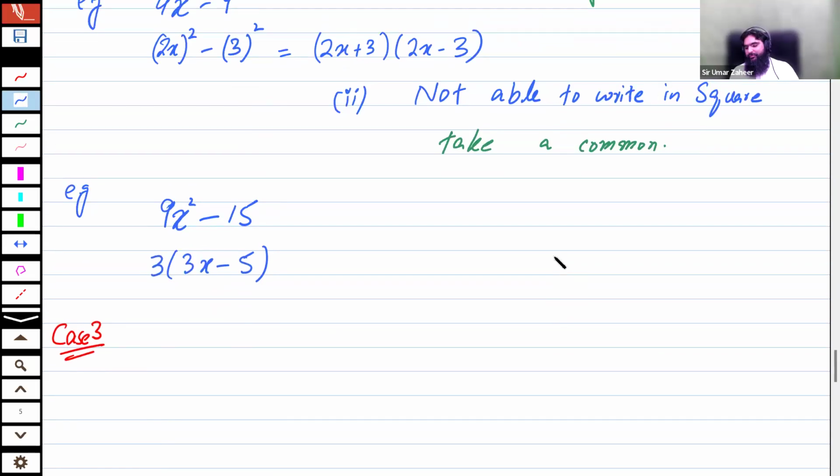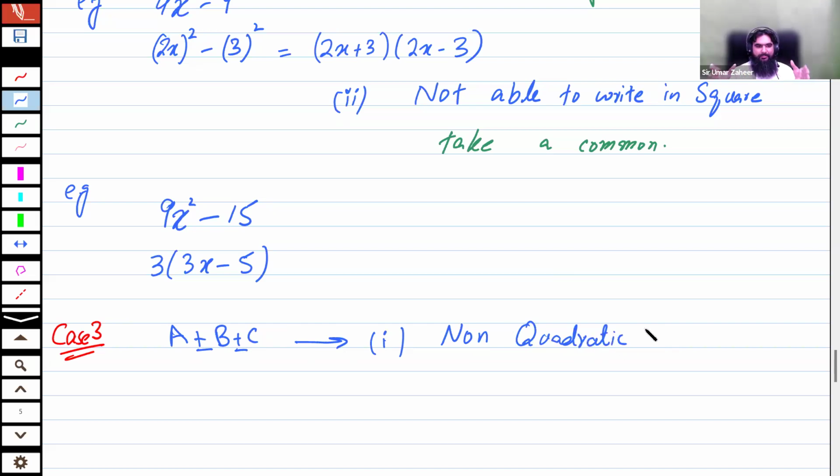Now the case 3. The case 3 is if you have three terms, it doesn't matter they are adding or subtracting. If you have three terms, you have two options. The first option is maybe it is going to be non-quadratic.